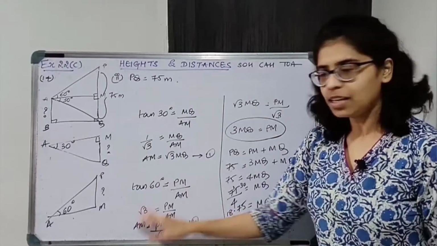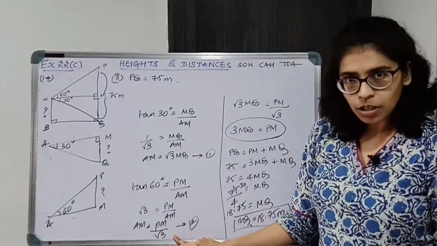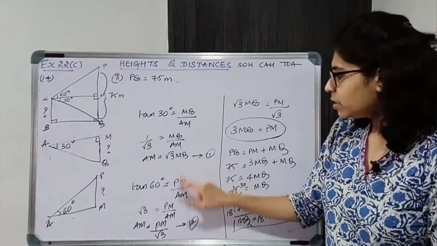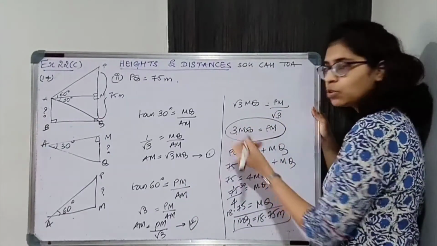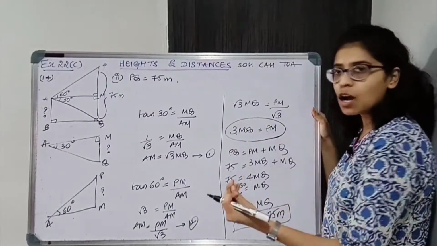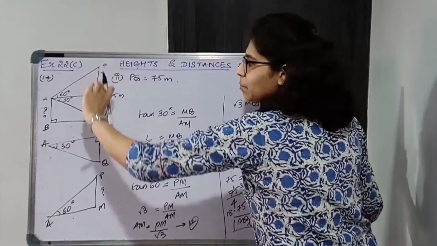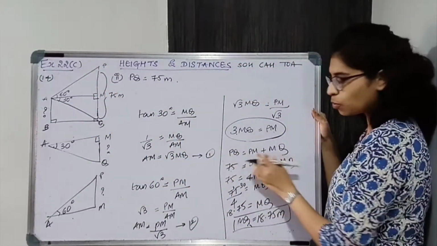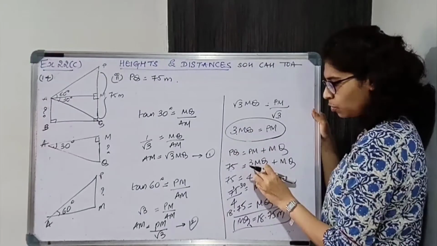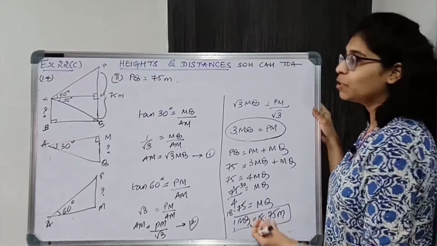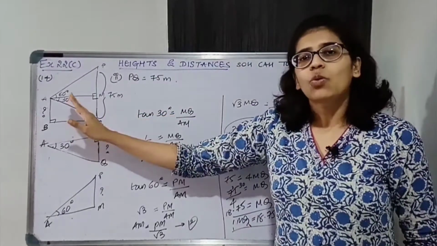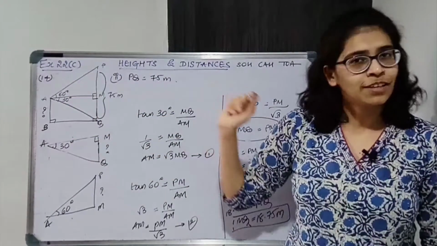LHS LHS is equal, तो RHS RHS equal होगा. Okay, so this is equal to this. Now solve this. So you got PM is equal to 3MQ. Now PQ is PM plus MQ. So PM I can say is 3MQ. So 3MQ plus MQ. So you found the value of MQ. MQ is nothing but AB का length. So AB is equal to 18.75 meters.